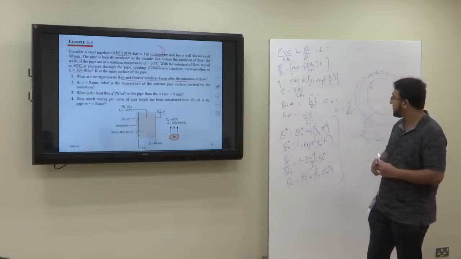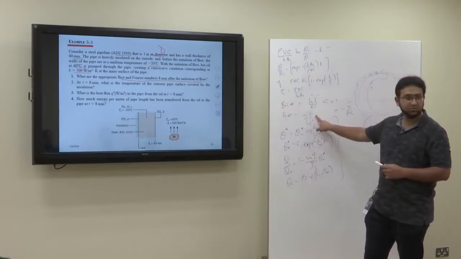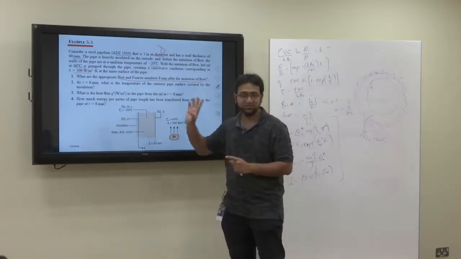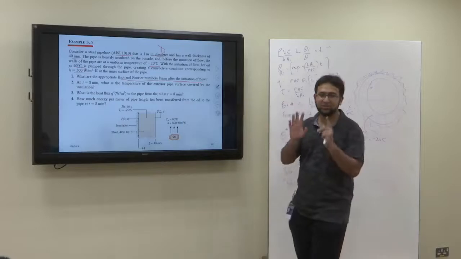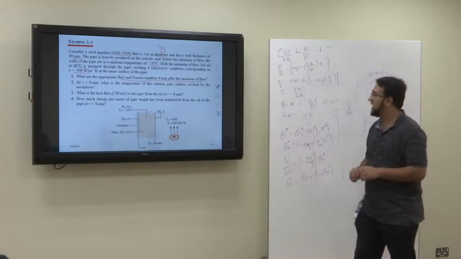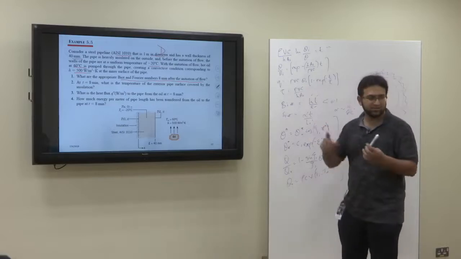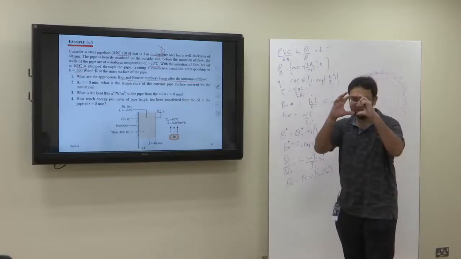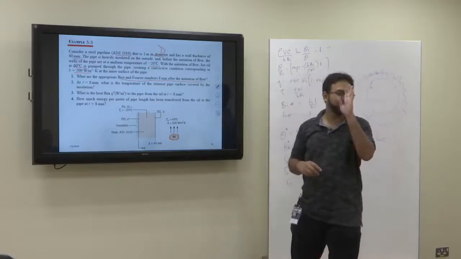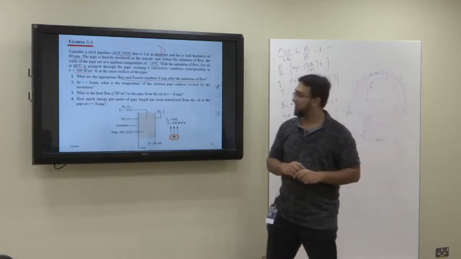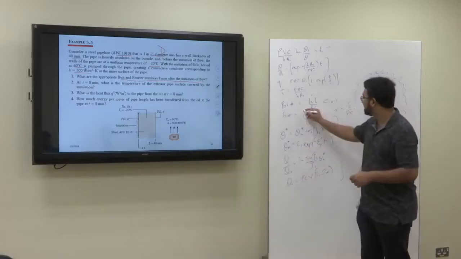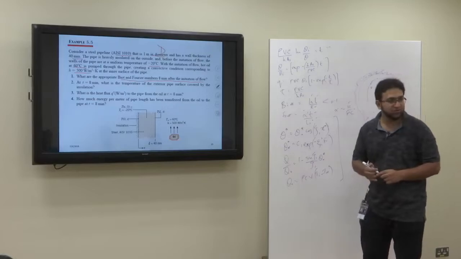Time is given as 8 minutes, but make sure to convert it, because the basic unit is second. And then Lc, again the length, look at it from a very close view, this is the plane wall, so in the direction of heat flow it is just the thickness. So Lc squared. So you know all the things here, and you can find the Fourier number.